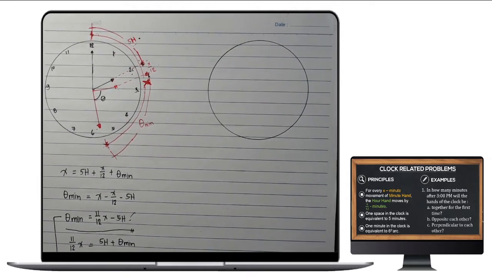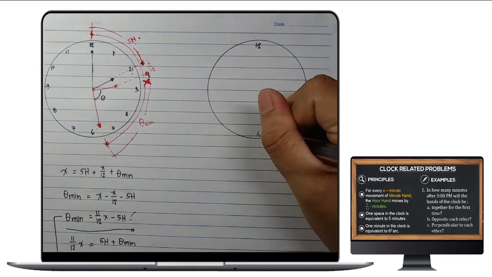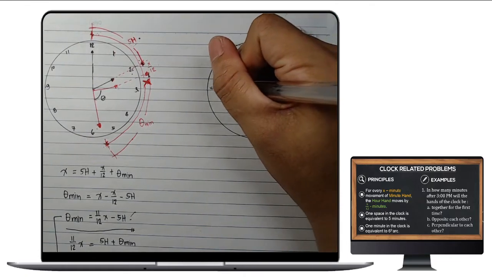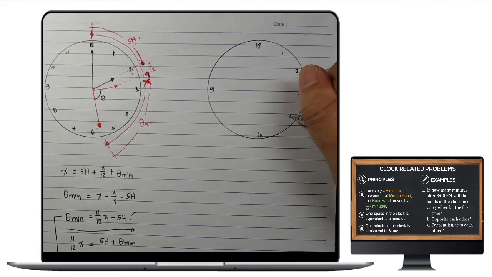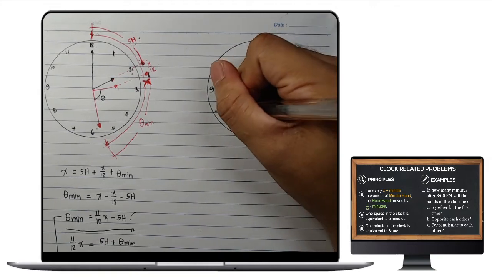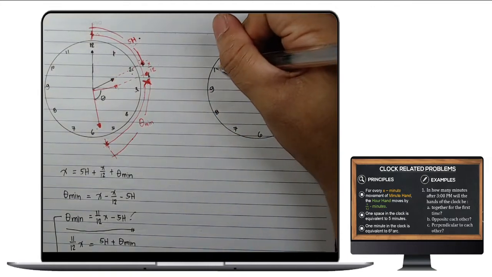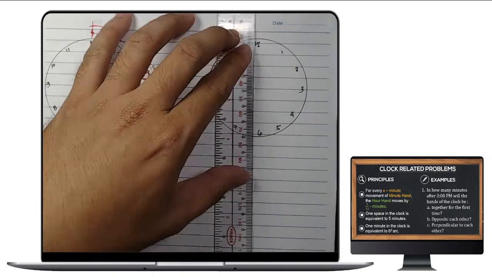Okay, so let's do another one. Again, let's use the 2 o'clock mark as our reference for the sake of derivation.